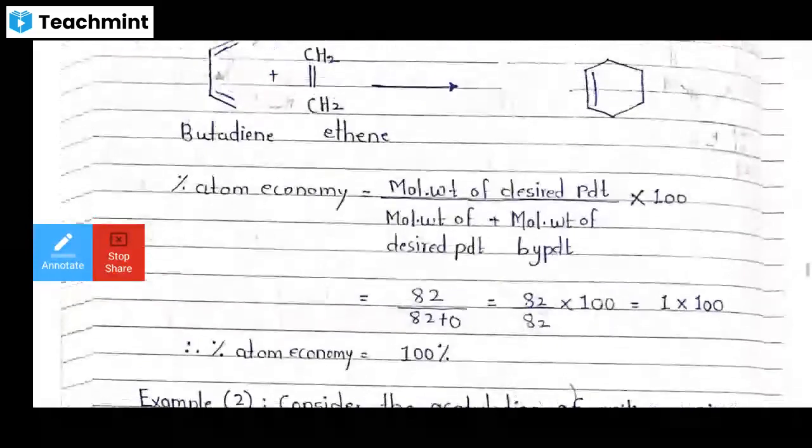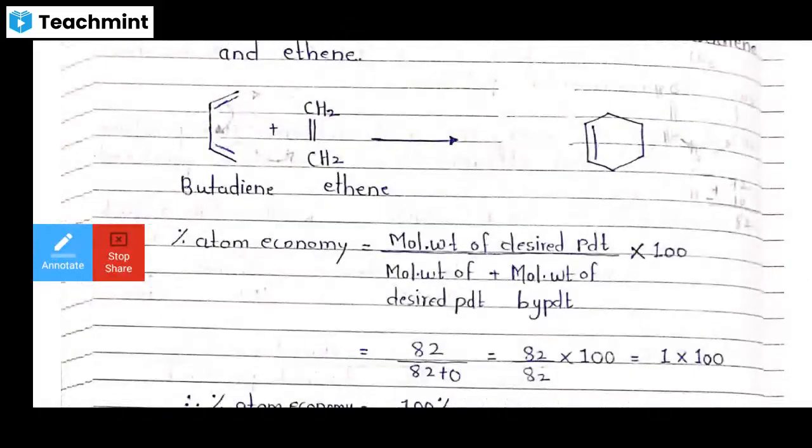How is it calculated? The formula is: percentage atom economy is equal to the molecular weight of the desired product. So what is the molecular weight of the desired product? If you count the number of carbon atoms and the number of hydrogen atoms, we get the molecular weight. One carbon is 12, so 6 carbons is 72, and the total number of hydrogen atoms is 2, 4, 6, 8, 10.